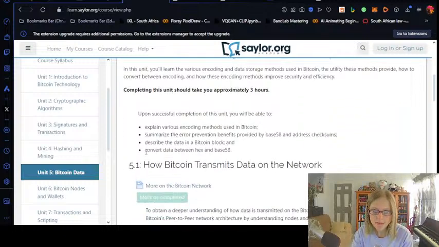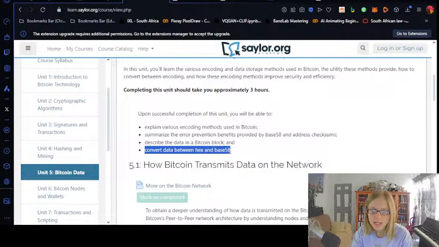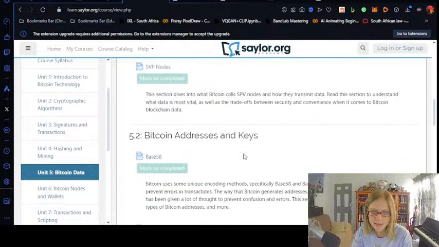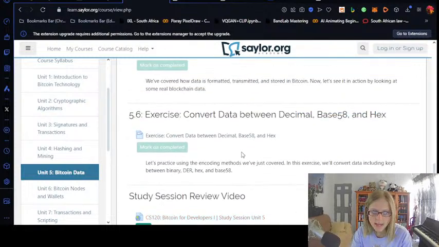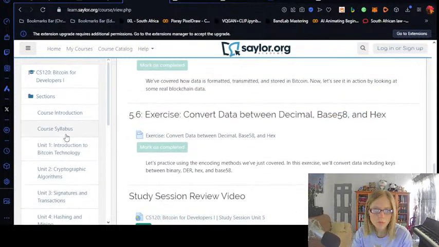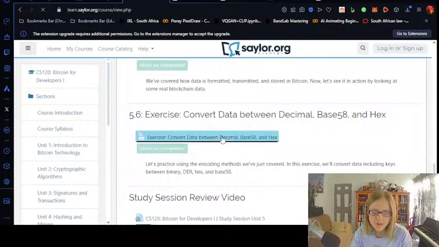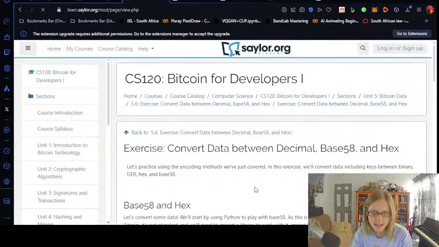And it even says here, on completing this unit, we should be able to convert data between hex and base 58. With base 58, as I say, it gets complex. This is actually a course for developers, and we've only just hit the fundamentals of Python, but I'm going to just introduce it anyway.